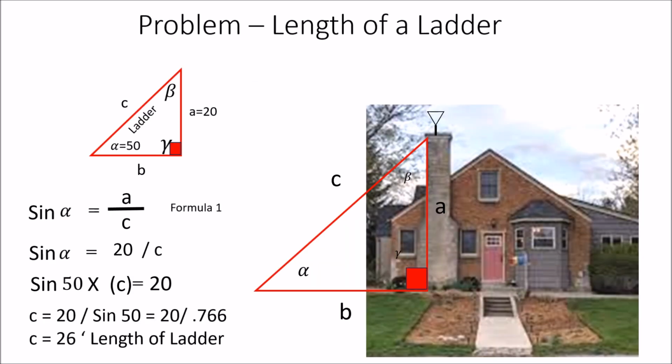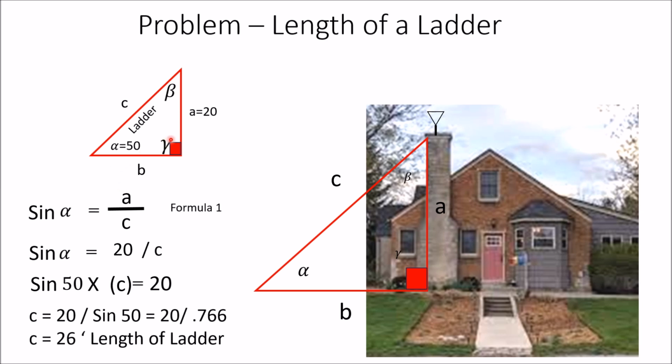Okay, now we're ready for a problem. Here's a problem of a house, a chimney, and a triangle. Looking at this one here first, we want to find the length of ladder we're going to need to get to the top of the chimney to fix your antenna. To do that, we need to know some facts.